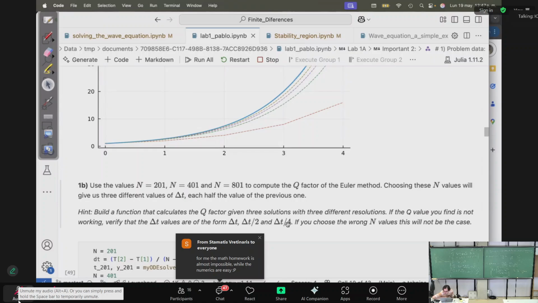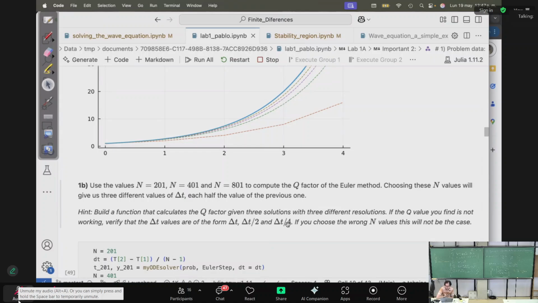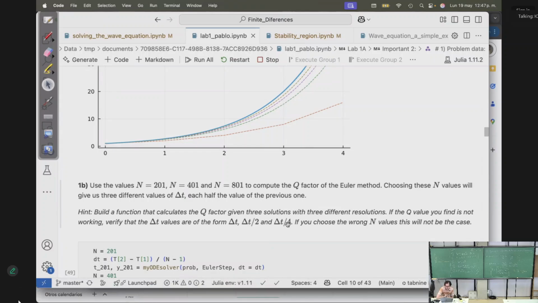Okay, for me the math homework is almost impossible, but the numerics are easy. Okay, so if you want, we can just talk about some of the homework problems later on. Which homework problems are you having issues with? Homework 1, 2, 3, or 4?